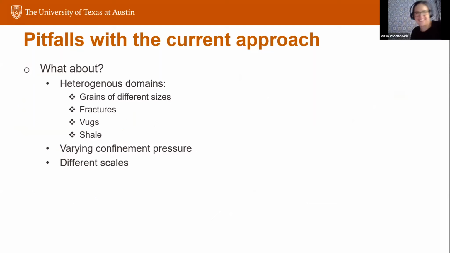All right. So the pitfalls with this approach are that it doesn't do great with very heterogeneous domains. Like if we include a fracture that spans the entire domain, or a huge vug, or maybe shale, if we have a kerogen matrix, it fails. And I'm going to explain why and what we are doing about it.